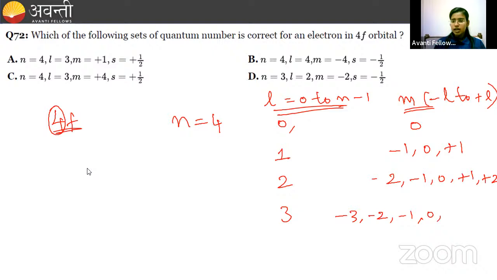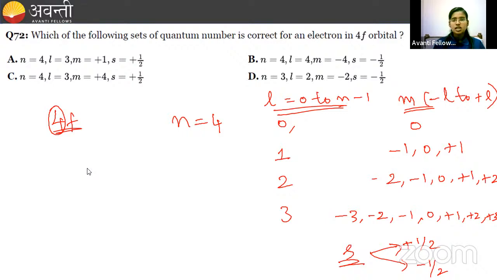So these are the values of M. And coming to S, S can be either plus half or minus half. So this is all about the quantum numbers, the set of quantum numbers for 4f orbital. Now we'll check one by one.